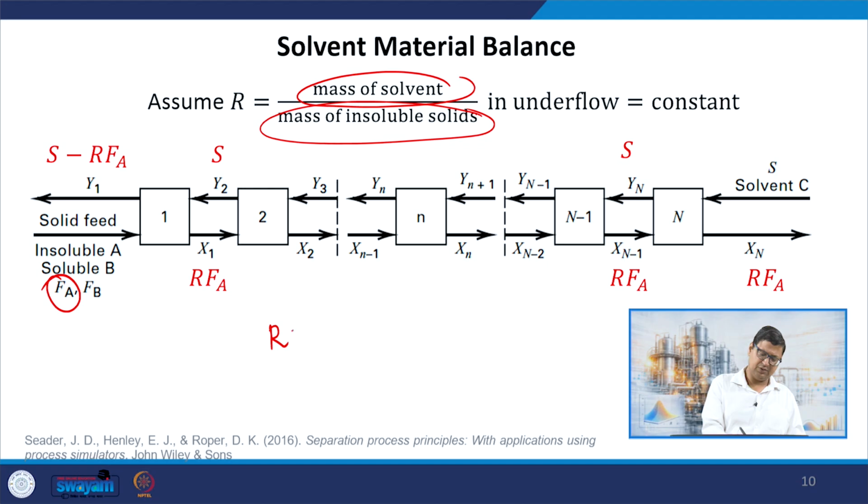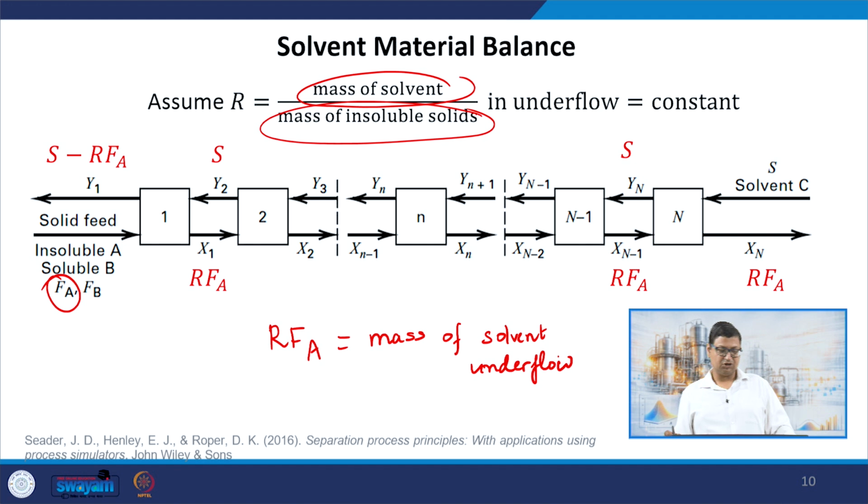So R into Fa therefore becomes the mass of solvent in the underflow, right?